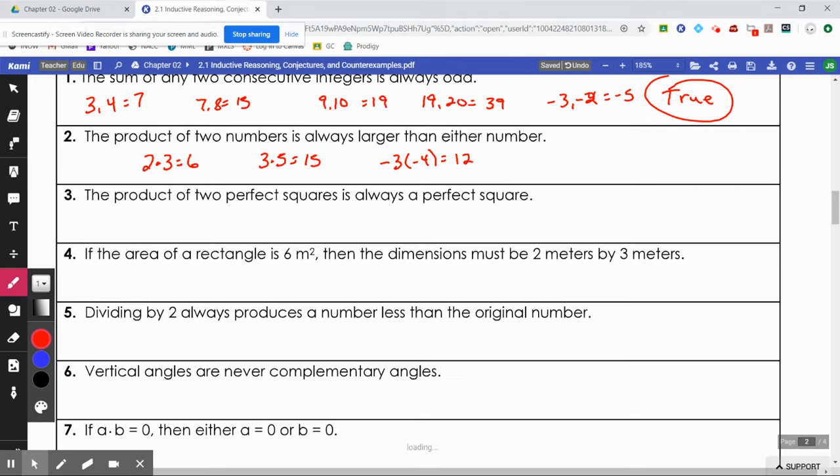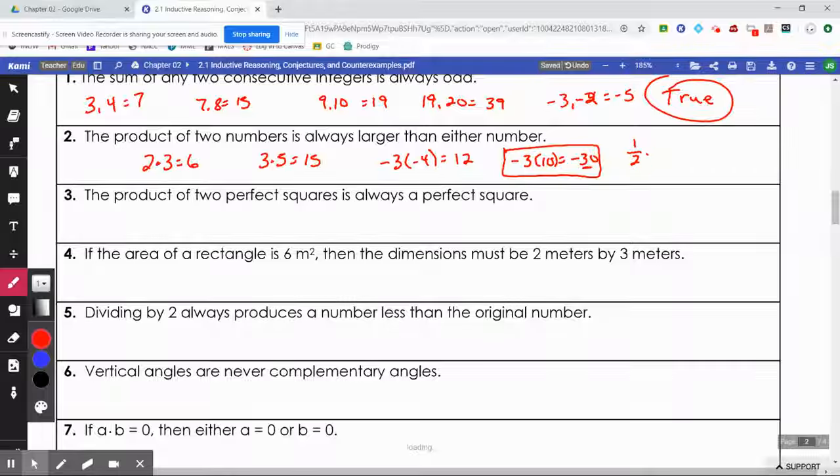Now there's a few ways that I can disprove this. One way is, what about if you did negative 3 times 10? That's negative 30. Negative 30 is much smaller than negative 3 and 10 both. Okay, so that's one counterexample. Here's another counterexample.